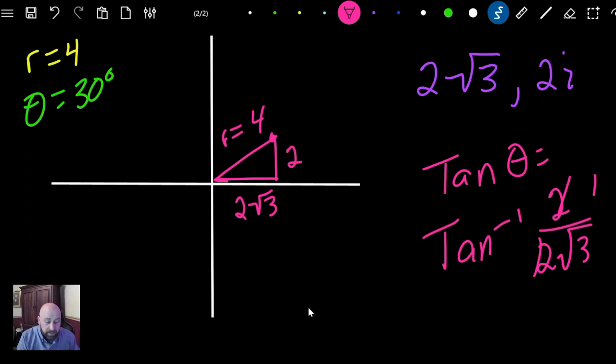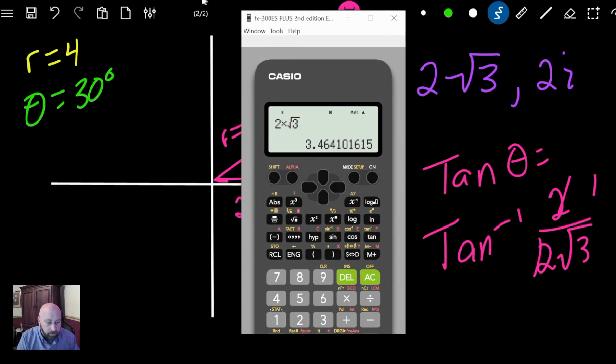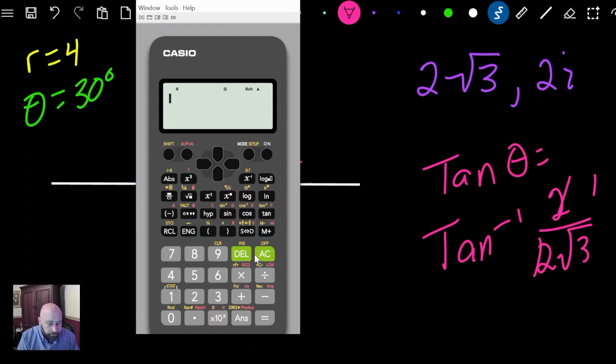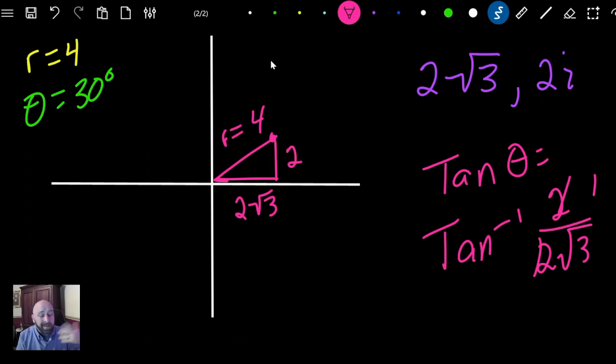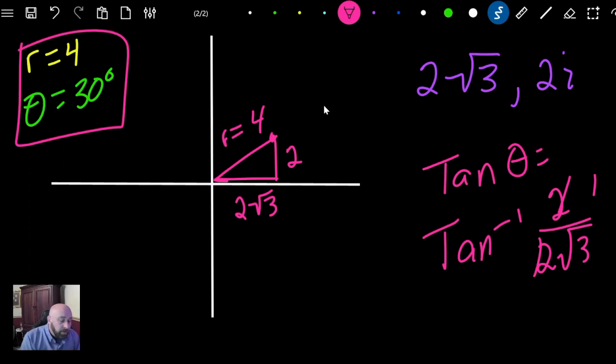And then when you plug in inverse tangent on your calculator, we'll do that real quick. So plug in inverse tangent of 1 divided by square root of 3, and that is going to equal 30 degrees. There's our 30 degrees. You can do it on your calculator, it's fine, but it's much faster if you just memorize that 30-60-90. So there we go, there's our r and our theta.